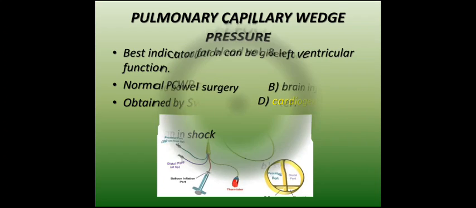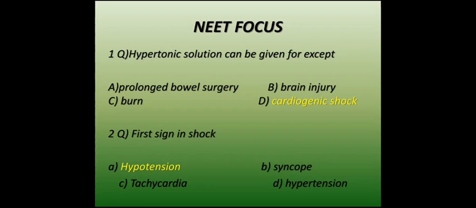Okay, next let's solve a few MCQs now. First question: hypertonic solution is given in all conditions except. We'll go option wise. First is prolonged bowel surgery, brain injuries and burns. Next, cardiogenic shock.